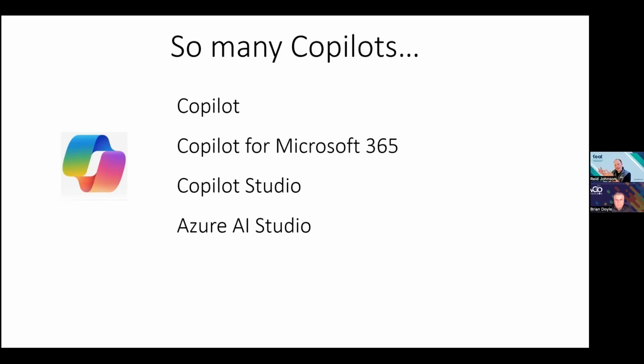So you can bring that data in and then publish it into Copilot Studio that we just talked about, and then expose it to your team members and your clients and vendors through Teams and the website and so on. So lots of Copilots. We're going to spend most of our time today talking about Copilot for 365.